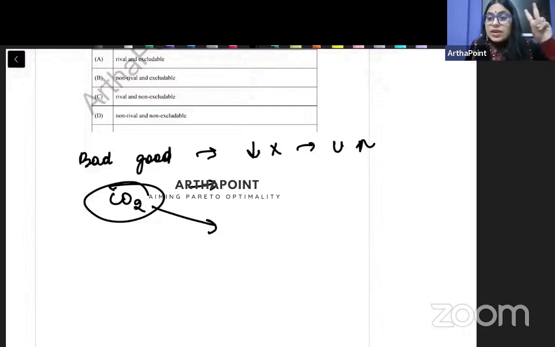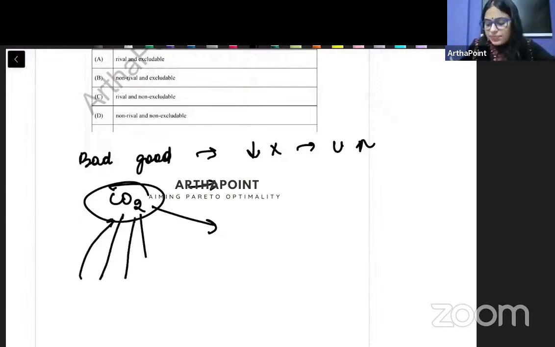Second thing, can consumption of pollution by one person reduce it for another? If I take in all the carbon dioxide, will it reduce for you? No. Your lungs will also take the same amount that I take. So consumption by one person will not reduce it for the other person.